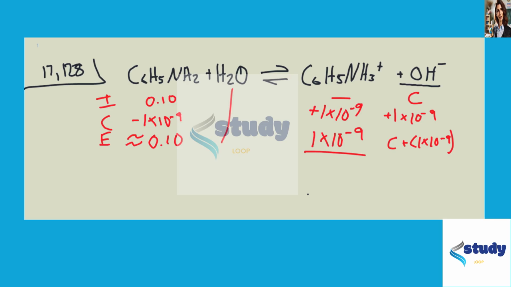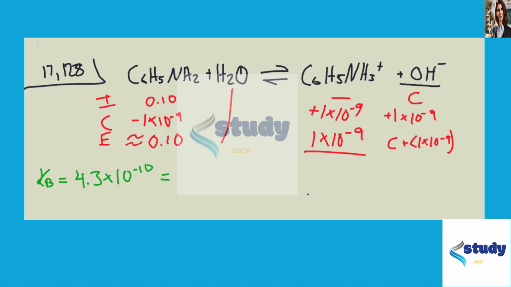So now we can set all of these terms equal to Kb. Kb is given in the problem as 4.3 times 10 to the minus 10, and this will be equal to products over reactants.